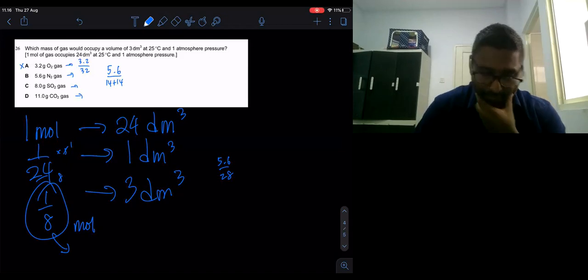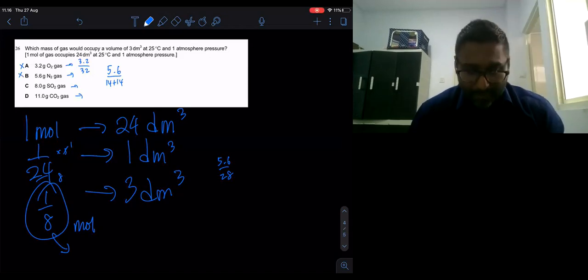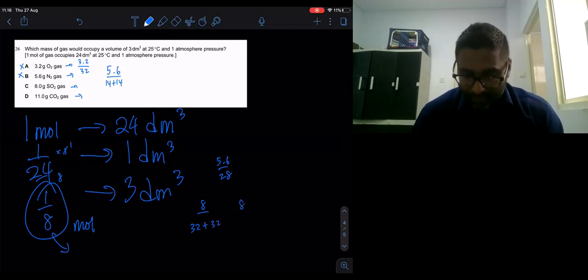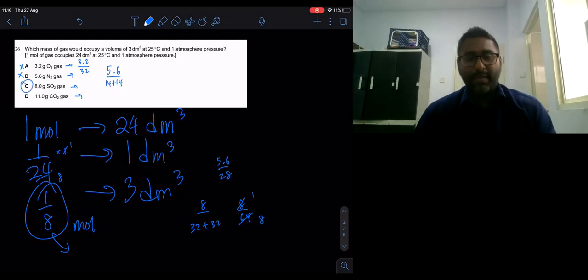No, so that will not be the answer. So 8 divided by 32, 16 plus 16 is 32 also. So 8 over 64, so that's going to be 1 over 8. That will be the answer.